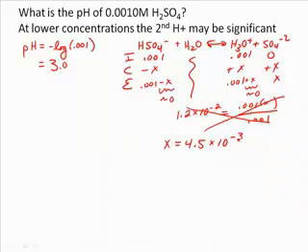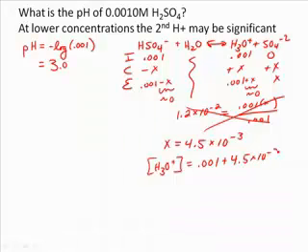Okay, so then we're going to plug that in, and we get a hydrogen ion concentration there of 0.001 plus 4.5 times 10 to the minus 3, which is 0.0145.